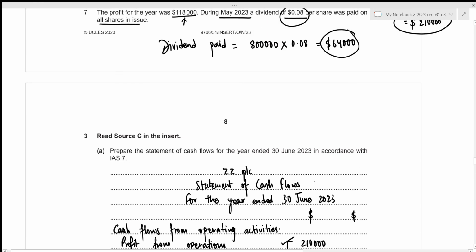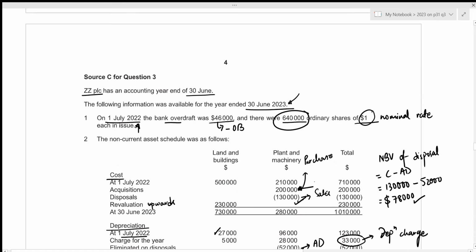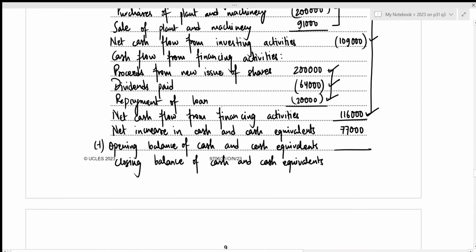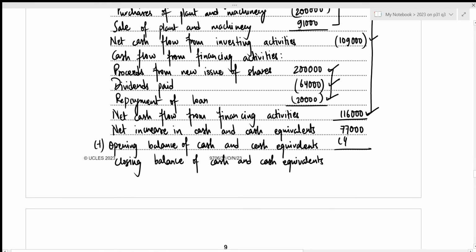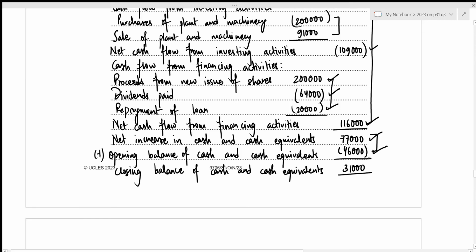And we were given information regarding the opening balance. We were told that there was a bank overdraft of 46,000. So this will be a negative value. So we have to subtract the 46,000 from our net increase in order to get the closing value. That will be 77,000 minus 46,000, which results in 31,000. That is all for our statement of cash flows.